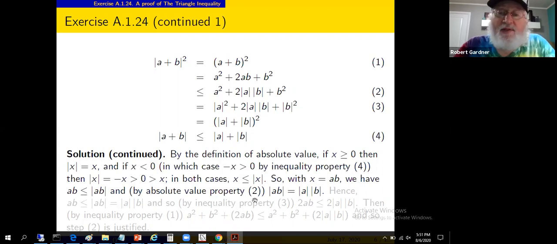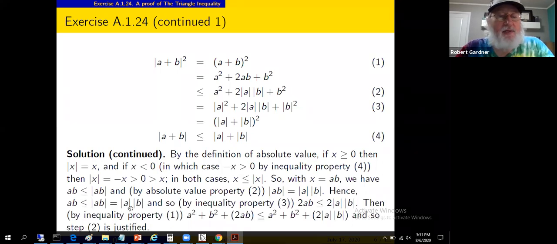We did that on the previous slide. It was absolute value property 2. So we can string these together as ab is less than or equal to the absolute value of ab, which equals the absolute value of a times the absolute value of b. So ab is less than or equal to the absolute value of a times the absolute value of b.